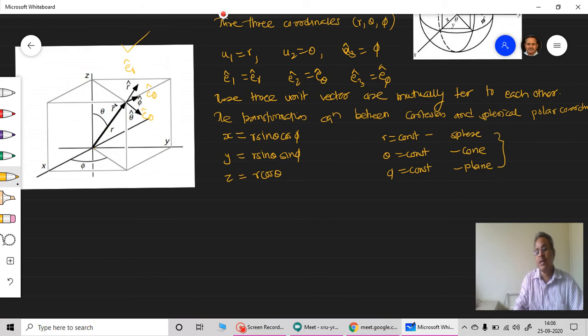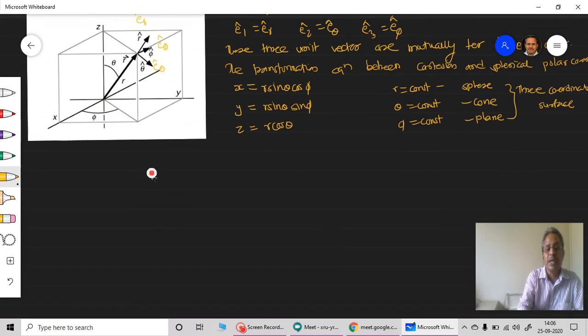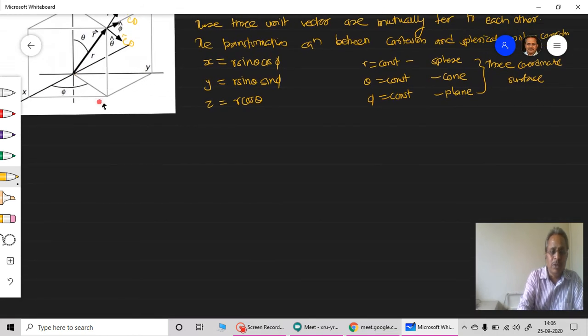These are the three coordinate surfaces. We have already discussed all these things. This is just repetition. Okay, so the reference to this figure is up to this.